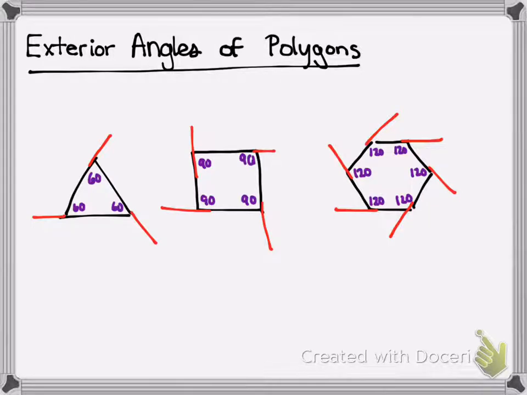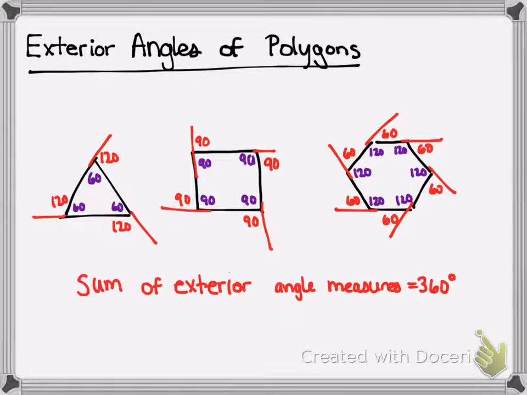So what that means is I can quickly find all of those exterior angles by using those angle pairs. And then the really interesting thing is if I check the sum of the exterior angles, it always equals 360 for any of these polygons. And as it turns out, even if they are not regular polygons, the sum of the exterior angles will still always equal 360 degrees.